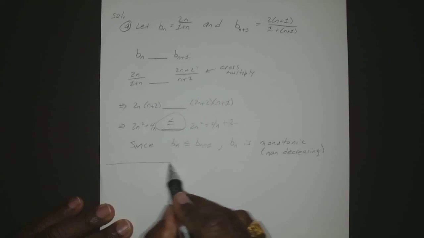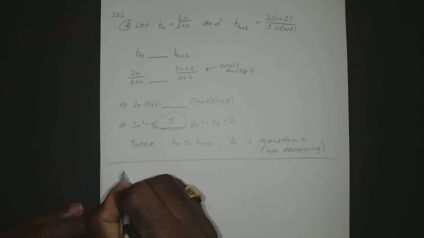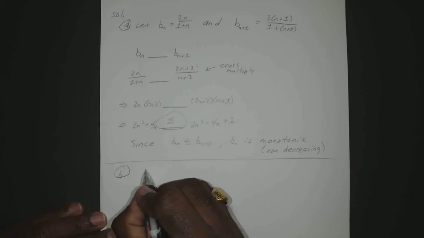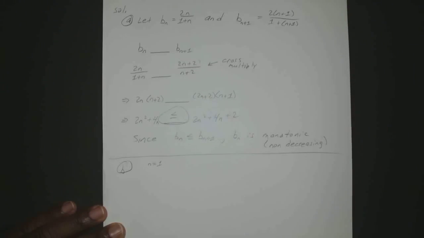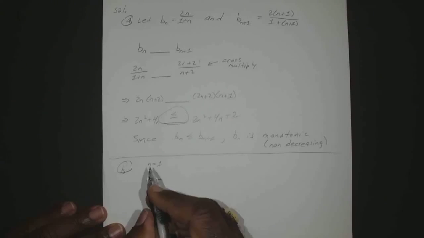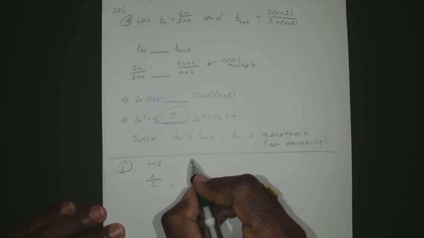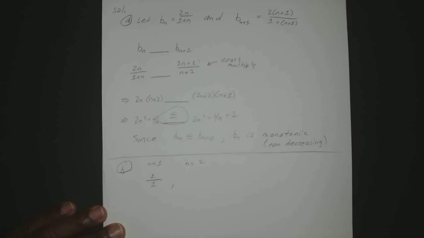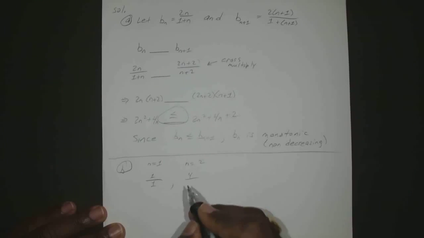All right, and on some of them, you can just plug in a few values and see where it's going. So for B, let's say we make n equal 1, you end up with 1 over 2 to the 1 minus 1, which is 1 over 1. Let's say n equals 2, n squared, so you end up with 4 over 3.